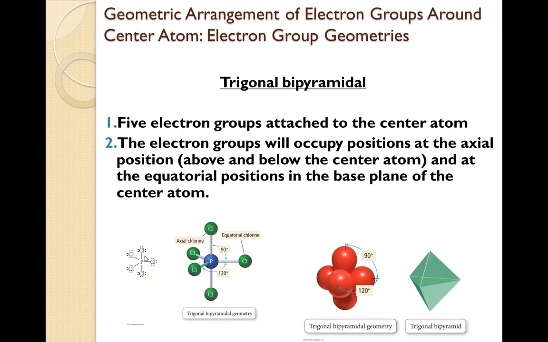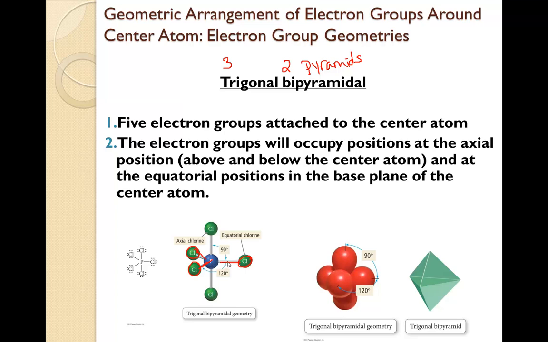The trigonal bipyramidal, if we break that down, trigonal is 3, tri, bipyramidal is 2, so 2 pyramids, so there's 5 total electron groups attached to the center atom. So the trigonal, the 3, there are 3 atoms at the equatorial level, meaning the equator.